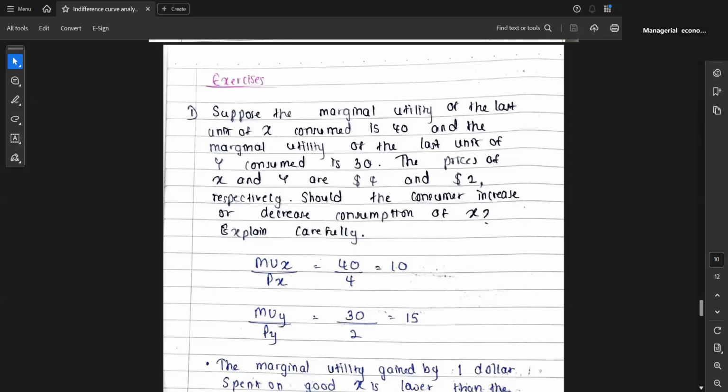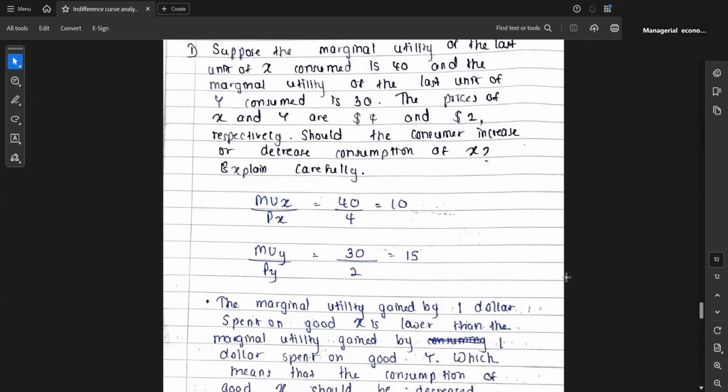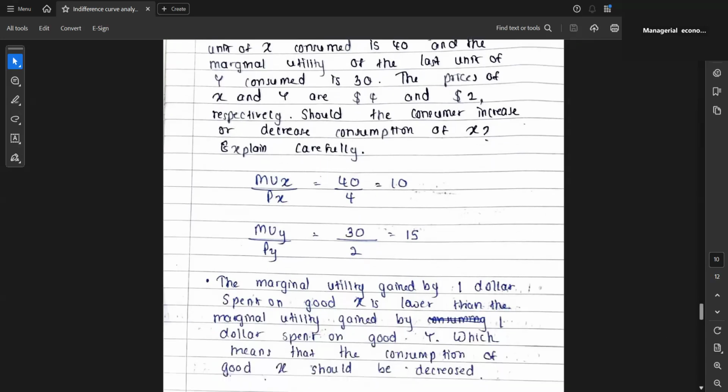Explain carefully. So here, we have to use the formula for the utility maximization point. If the consumer has already reached the utility maximization point, then he does not have to increase or decrease the consumption of good X.